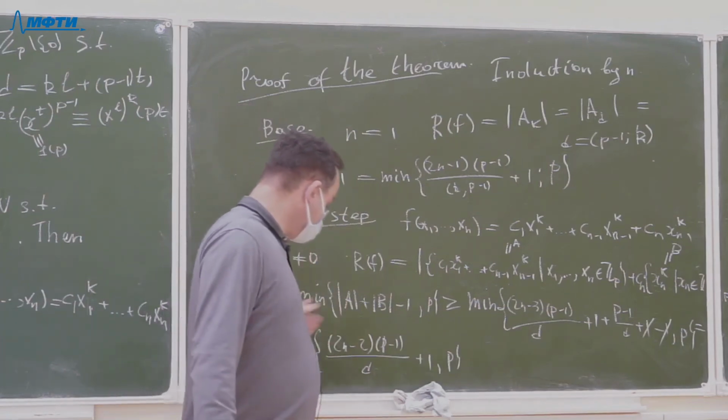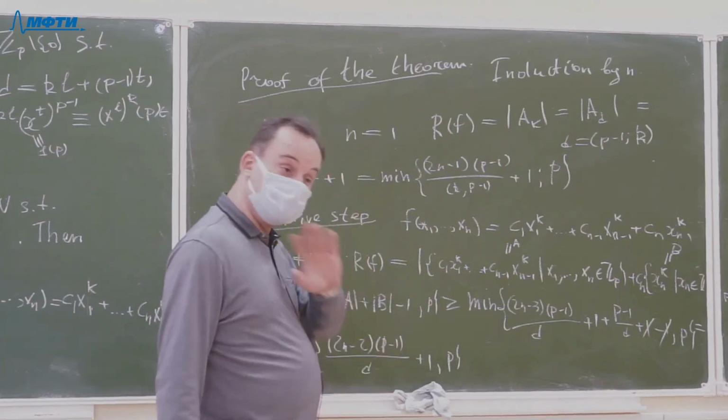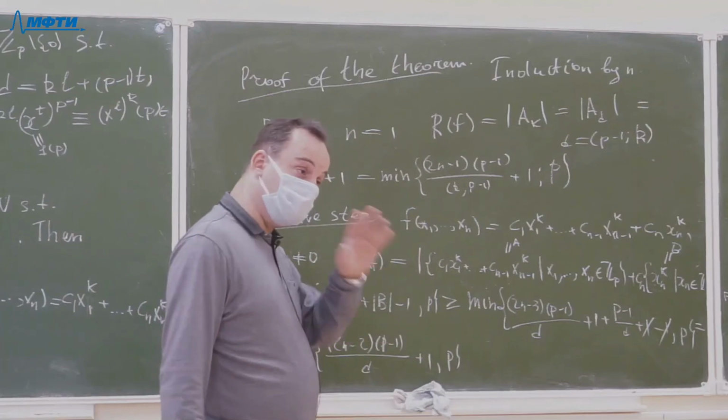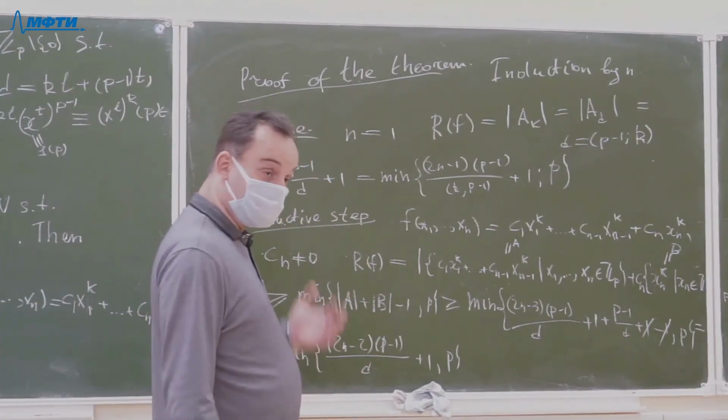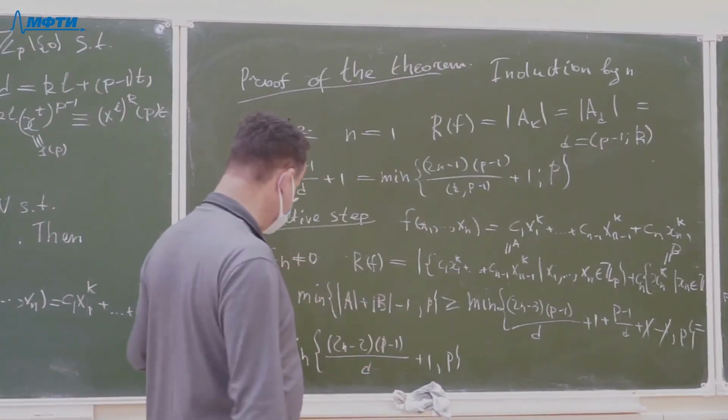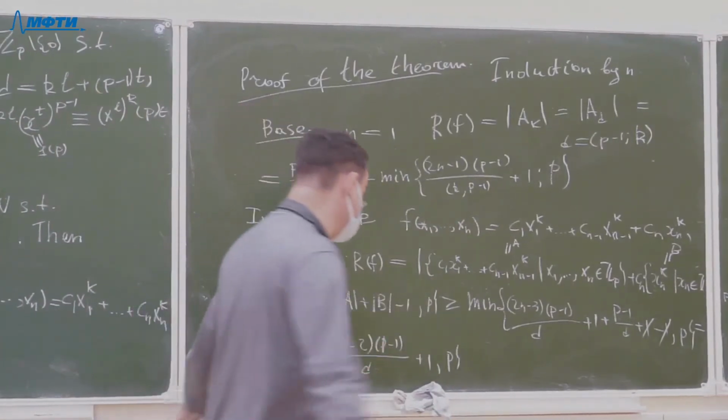Well, we have to show that this lower bound is not attainable. It cannot be attained. So in order to do that, we use Vosper's theorem.